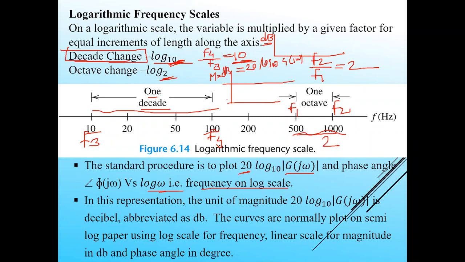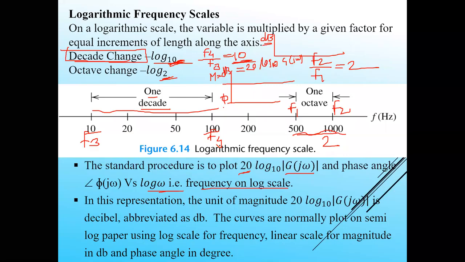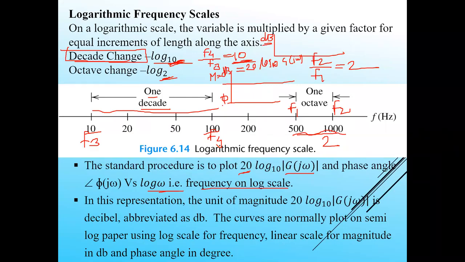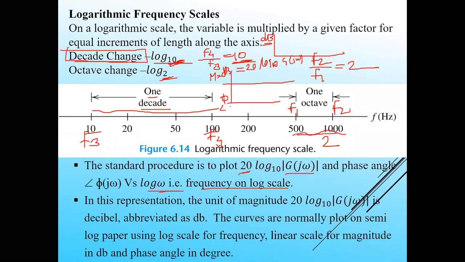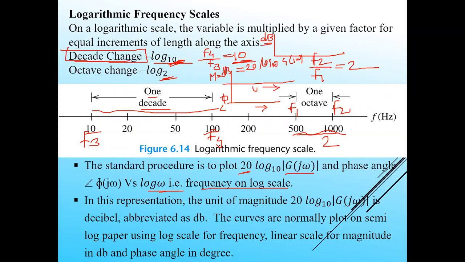And second, phase plot where phi is the angle, and this angle is calculated as tan inverse of imaginary part upon real part, and for both the cases both the graphs are plotted against frequency omega. This omega is also taken in logarithmic scale.